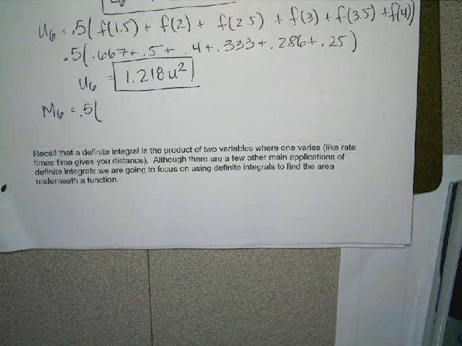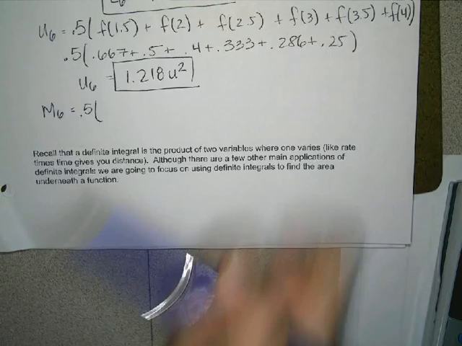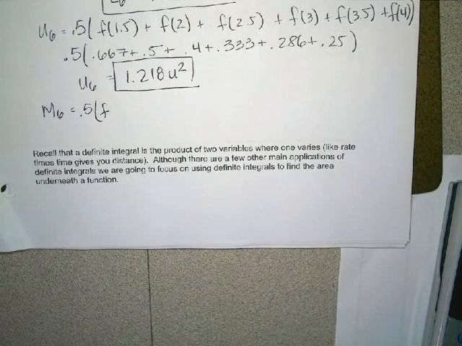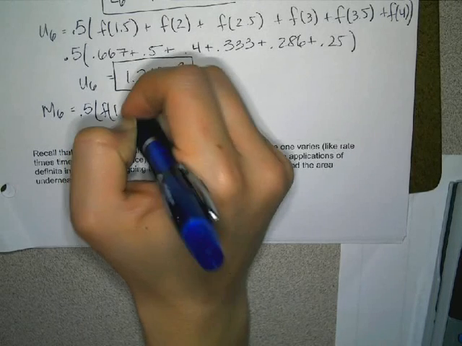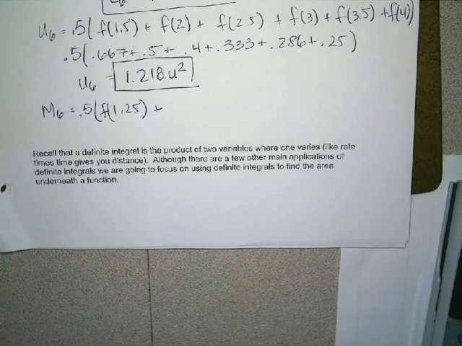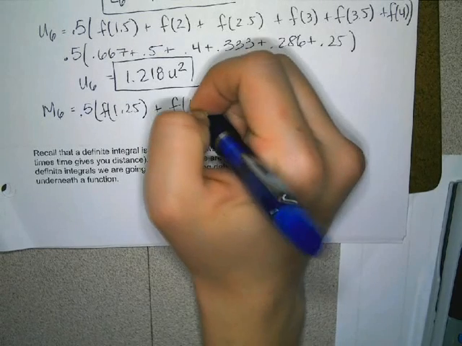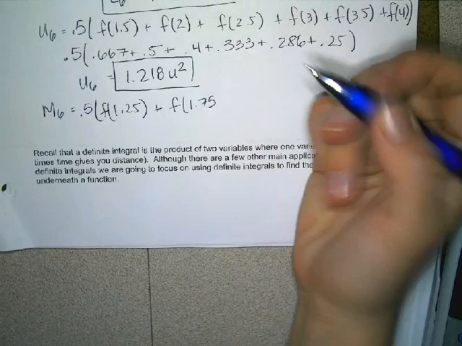And then here's the tricky part. What x value do I have to plug in to represent the midpoint of each increment? 1.25. Good. Because the first rectangle goes from the value of 1 to 1.5, so halfway in between would be 1.25. Then what would be the next one? 1.75, because that's halfway in between 1.5 and 2.